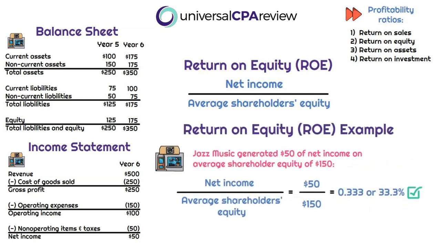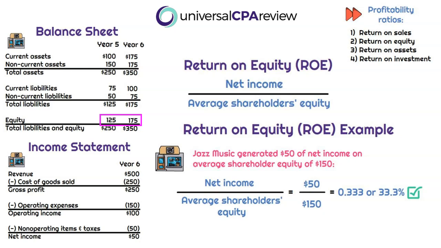So looking at our example here, it says that jazz music generated $50 of net income on average shareholders' equity of $150. And so we got the net income from the income statement, but how did we calculate average shareholders' equity? Well, it's 150, right? That's basically the average between year 5 of 125 and year 6 of 175, right?